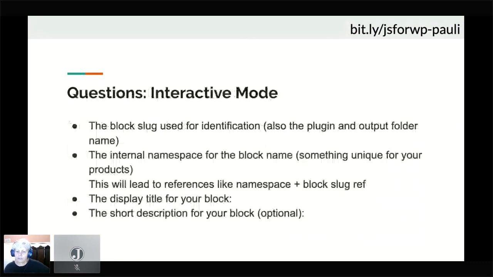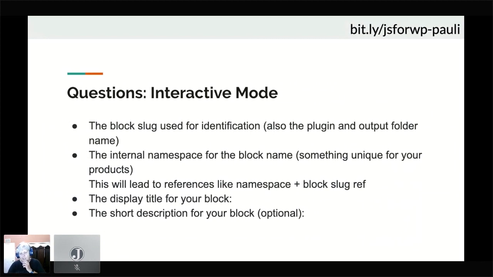So the questions for the interactive mode are, well, of course, the plugin. That's the directory it would be in. That's also the first plugin folder or name.php that's put in there.